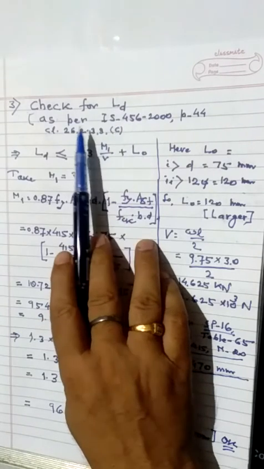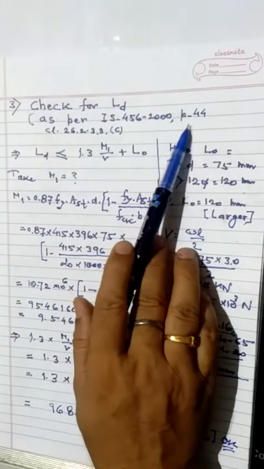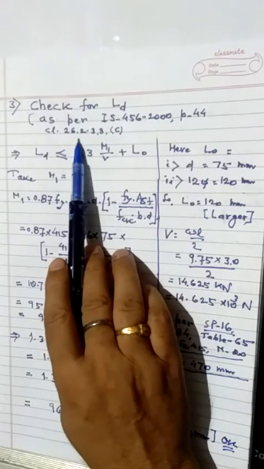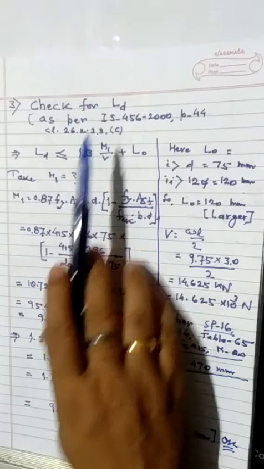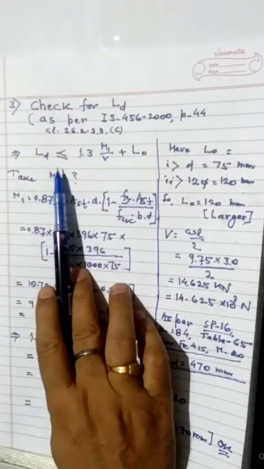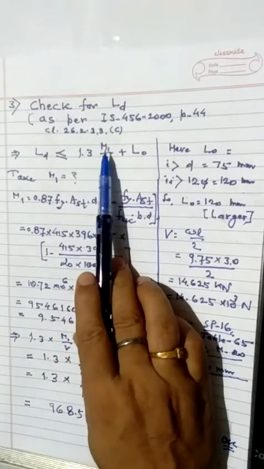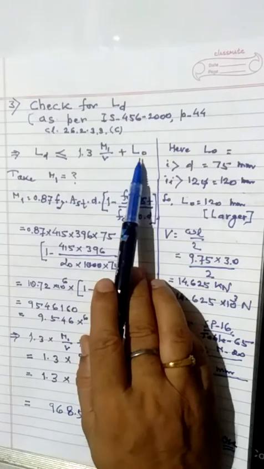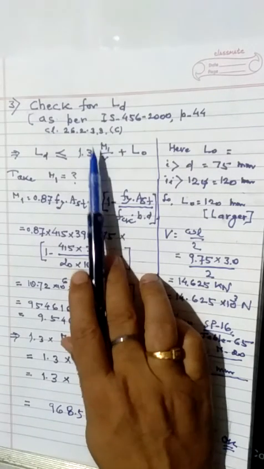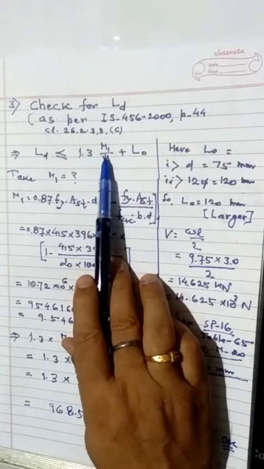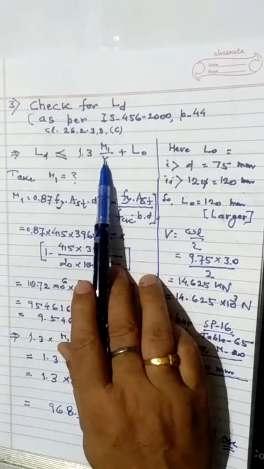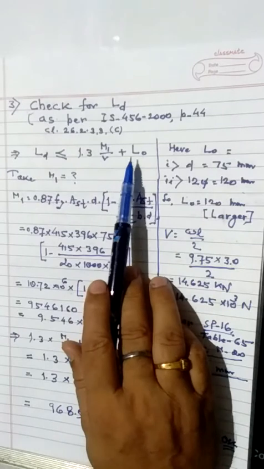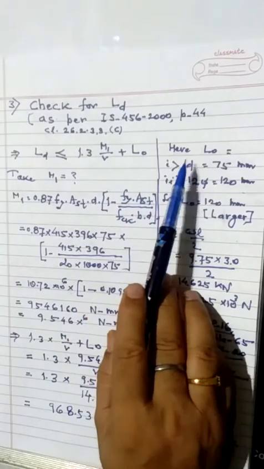So for IS-456-2000 page 44, clause number 26.2.3.3c, there is a strict guideline about development length, that it should be less than or equal to 1.3 M1 by V plus L0. Here M1 is the bending moment at the concerned section where we need to check the LD. V is the shear force at that section, and L0 is according to IS code.